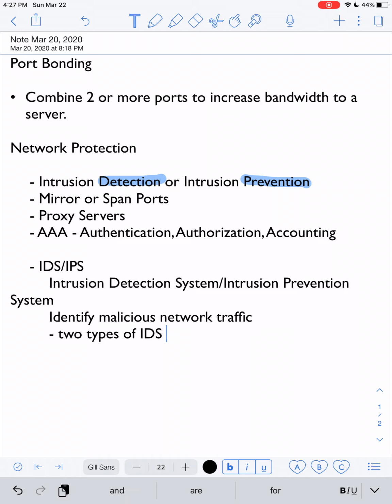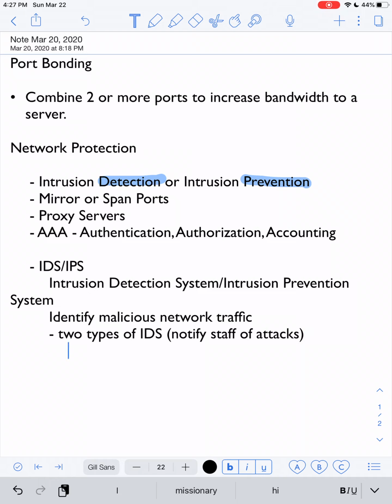And remember, an IDS system is going to notify. They just notify, they don't stop.